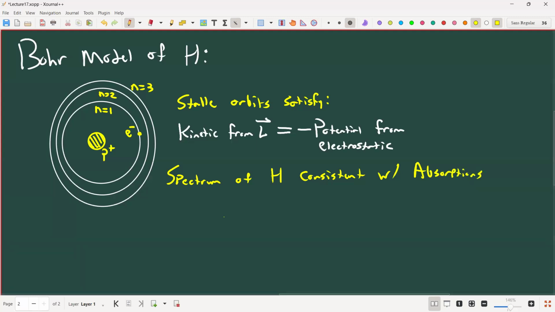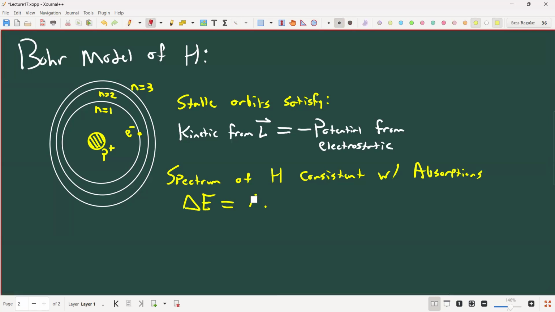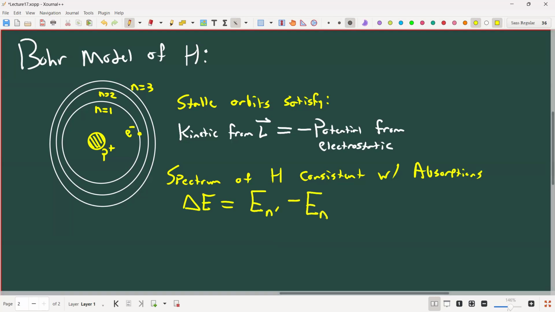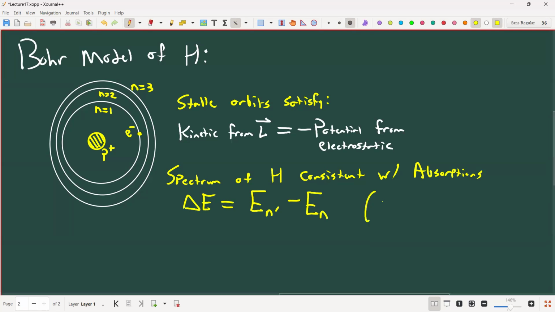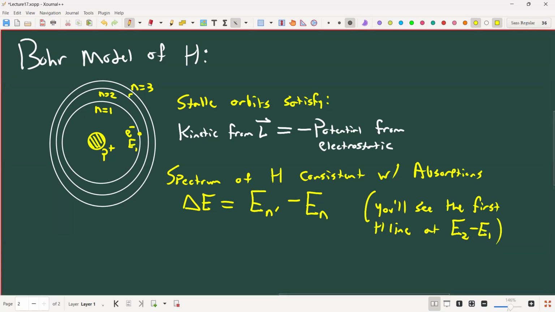So he sees some absorptions ΔE, which are going to be associated with the energy of, say, one state n prime minus the energy of another state n. So he says that you'll see the first H line at E2 minus E1, where these are the energies of these orbits.